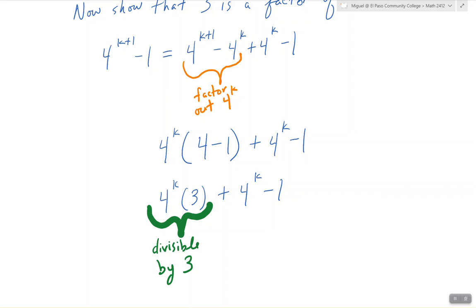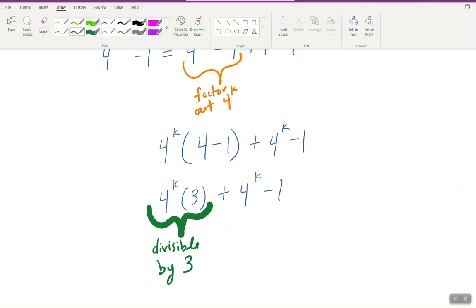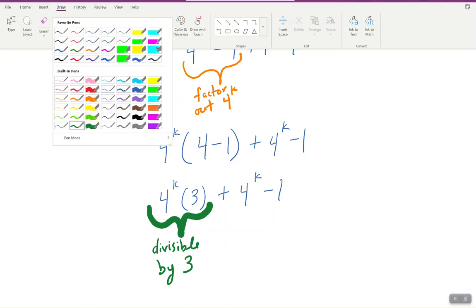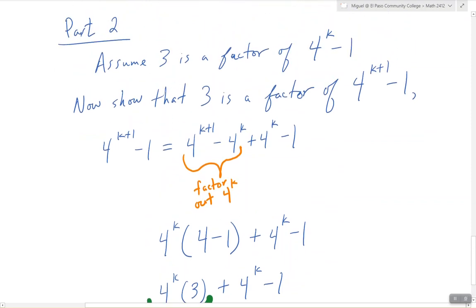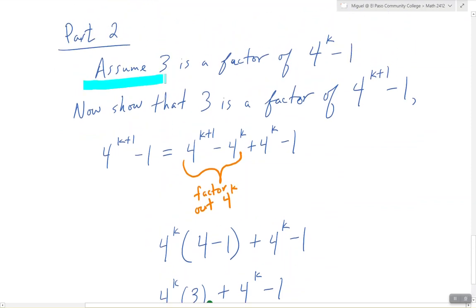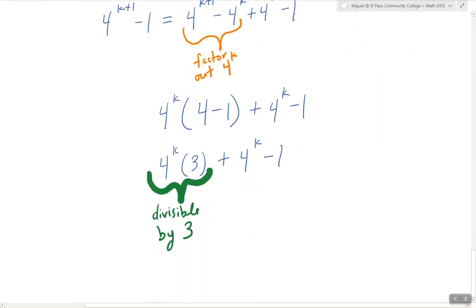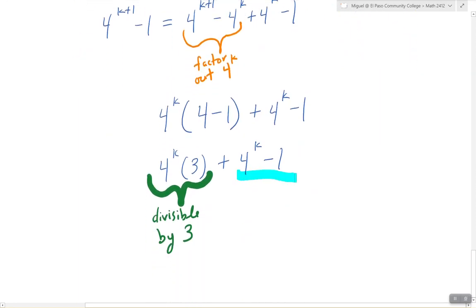Now what about this part, right? This 4 to the k minus 1. The way it looks here, it doesn't really show that it's divisible by 3, except that we assumed earlier that 3 is a factor of 4 to the k minus 1, and that's exactly what we have here. And that's one of the big reasons we factored it the way we did.